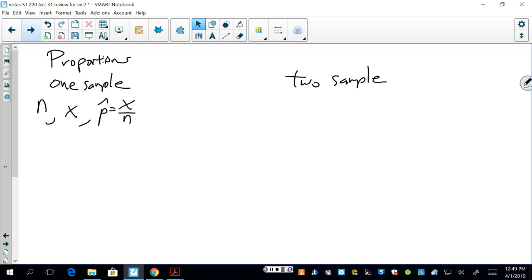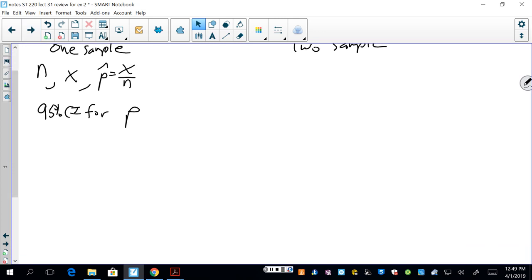You probably get n and X, or n and p hat. You don't necessarily get both. A 95% confidence interval for a proportion is our sample proportion plus or minus 1.96 times the square root of p hat times 1 minus p hat over n.